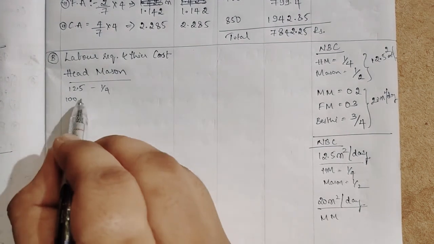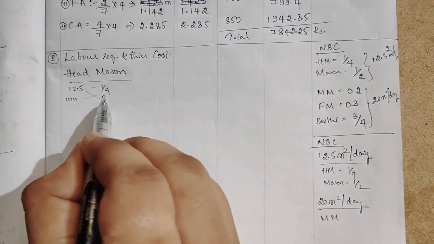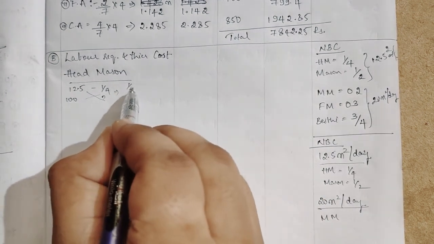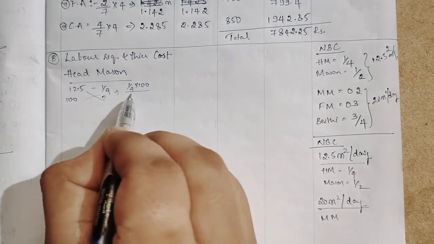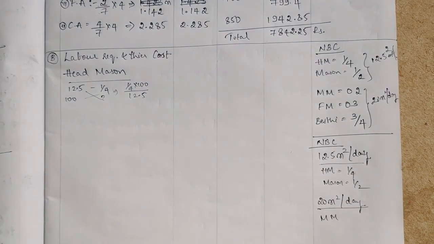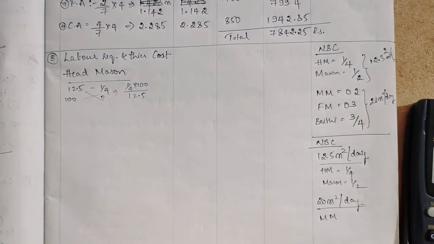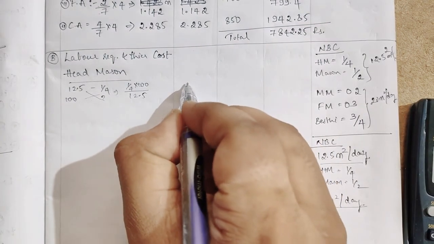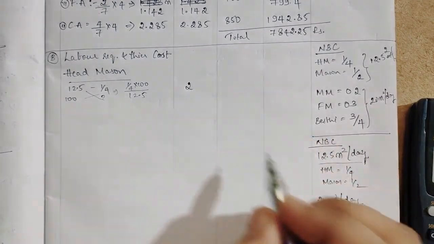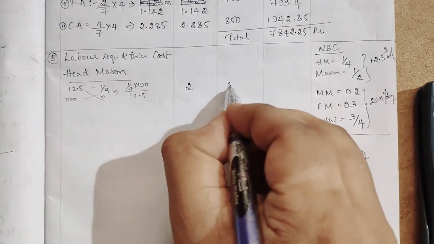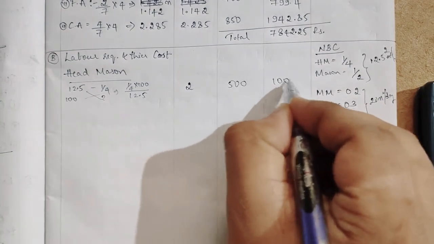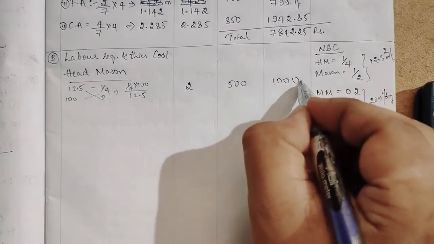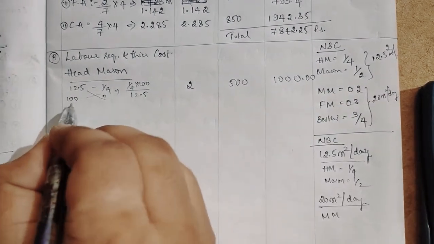Cross multiply, you will get 1 by 4 into 100 divided by 12.5, which is 2. So we'll get 2 head masons. Cost is 500, so the amount will be 1000.00. Head mason is over.